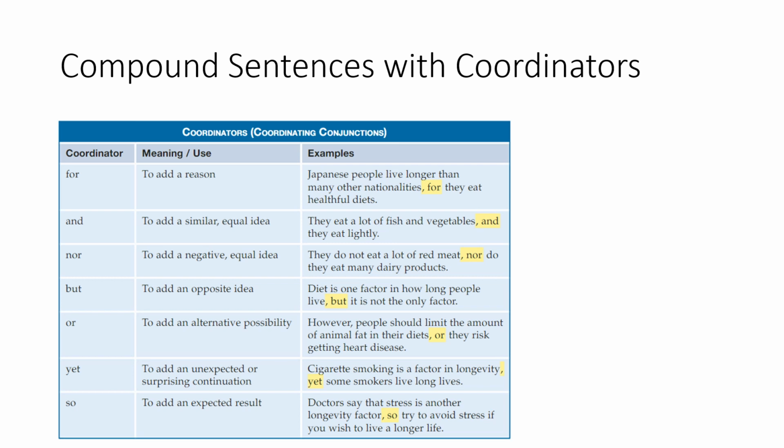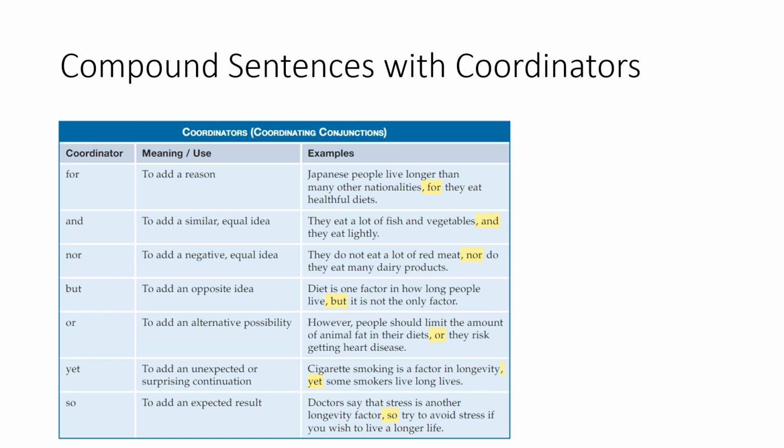But is used to add an opposite idea. For example, diet is one factor in how long people live, but it is not the only factor. Or is used to add an alternative possibility. For example, people should limit the amount of animal fat in their diets, or they risk getting heart disease.